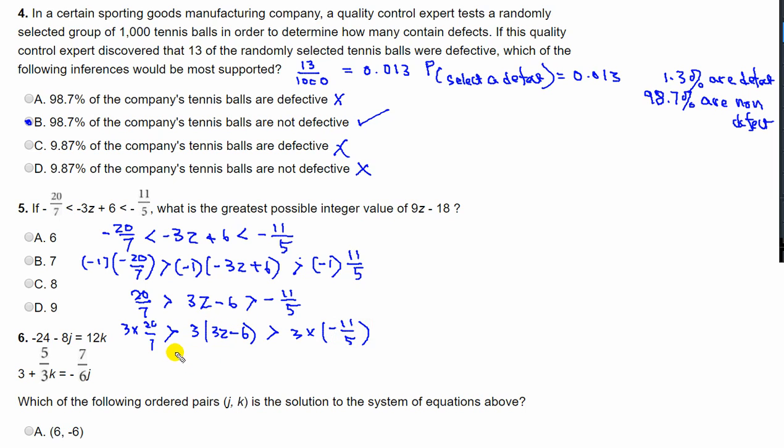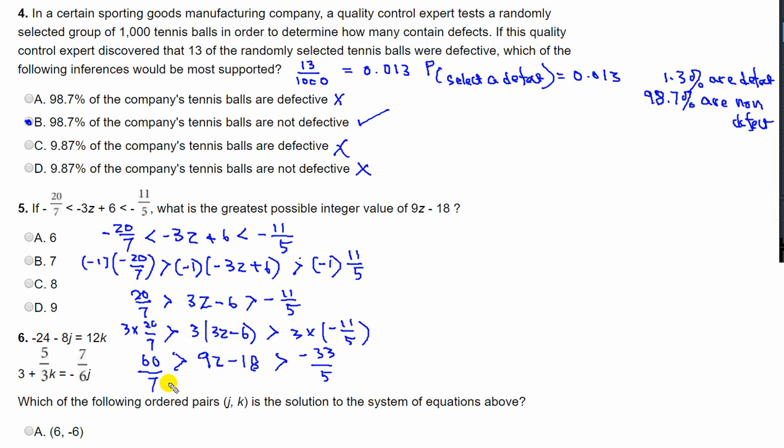Therefore this becomes 9z minus 18, this becomes minus 33 over 5, and this becomes 60 over 7.